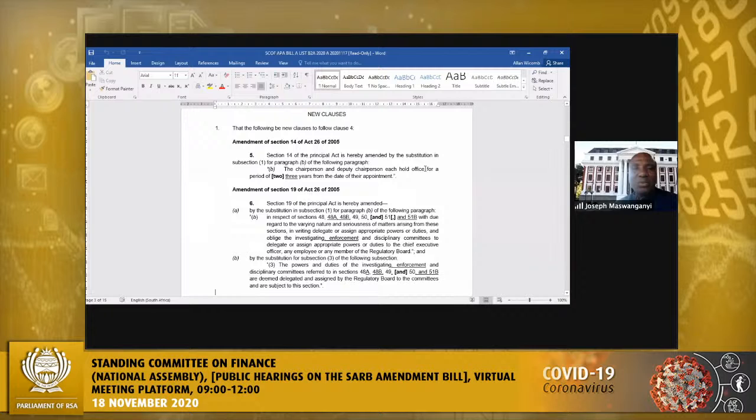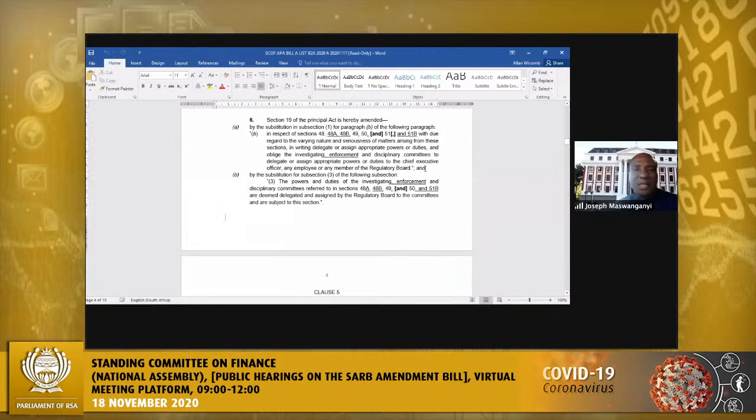Clause 5, amending section 14 of the Principal Act. Agreed. Clause 6, section 19 of the Principal Act is hereby amended. There is an amendment. Agreed.